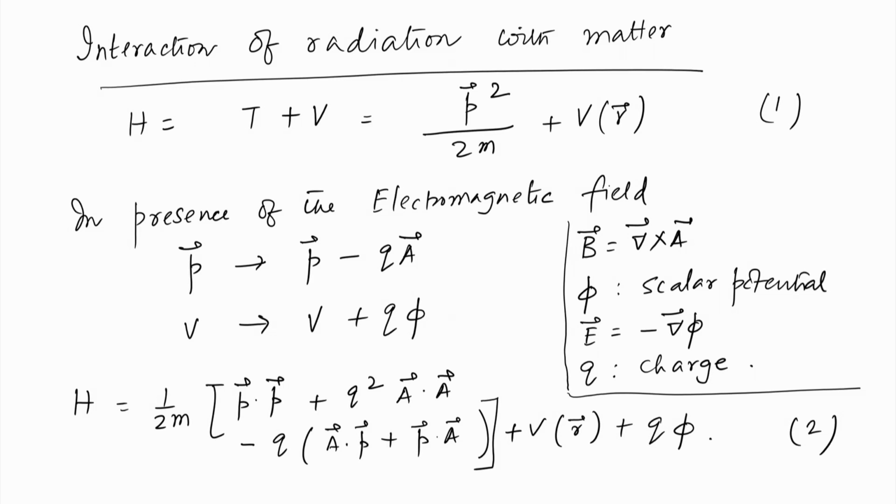So, we have arrived at a Hamiltonian 2 written in equation 2. So, we want to now find out a perturbation term such that perturbation theory can be applied, and in principle both this B and E can be time dependent fields, and we will write down the extra term.